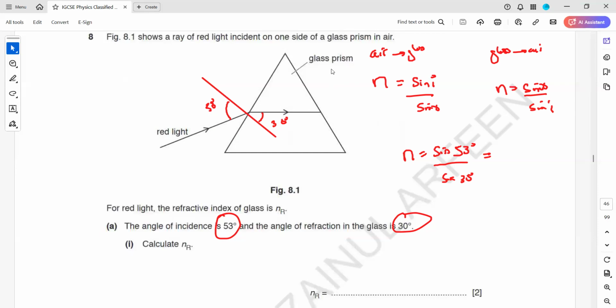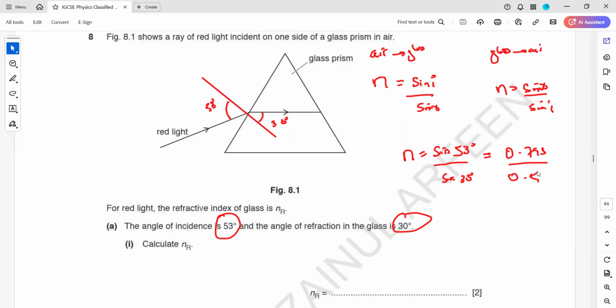Sine 53 is equivalent to 0.798, and sine 30 is equal to 0.5.